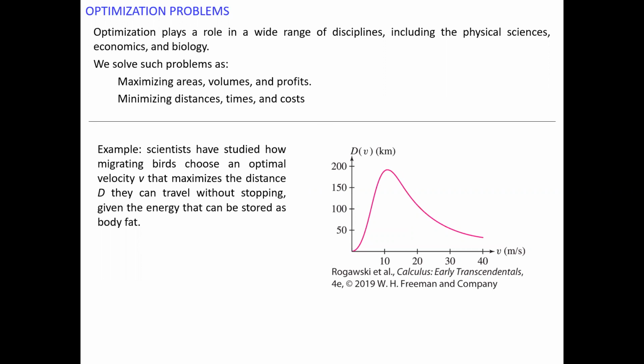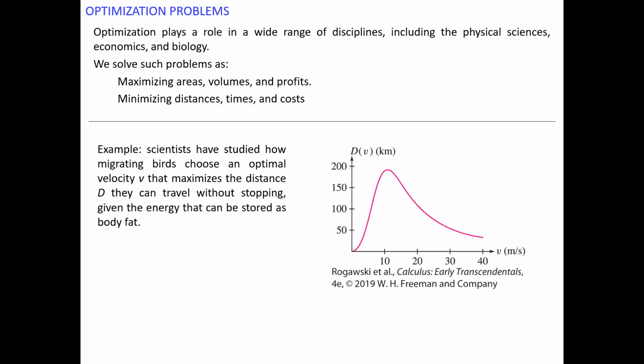Optimization plays a role in a wide range of disciplines, including physical science, economy, biology, and we can probably list more real-life situations, real-life applications. For instance, we quite often look to maximize or minimize a few things.